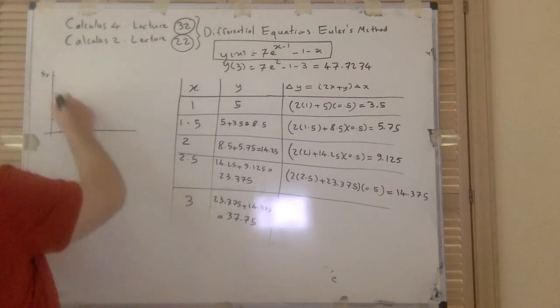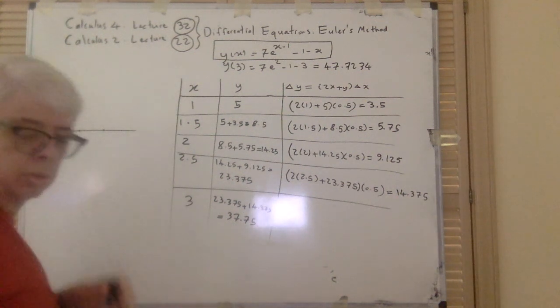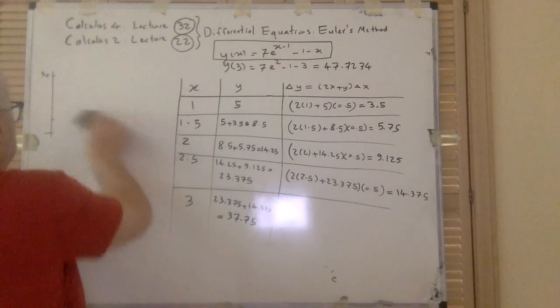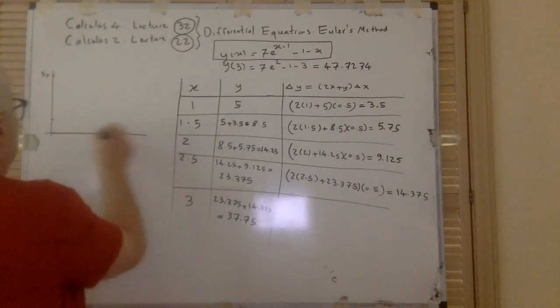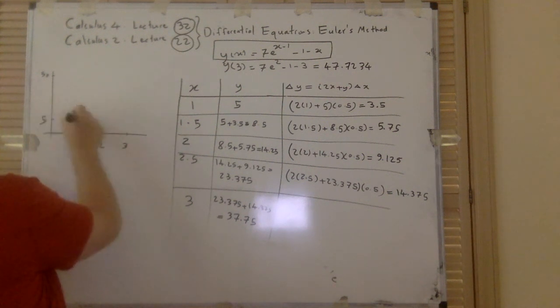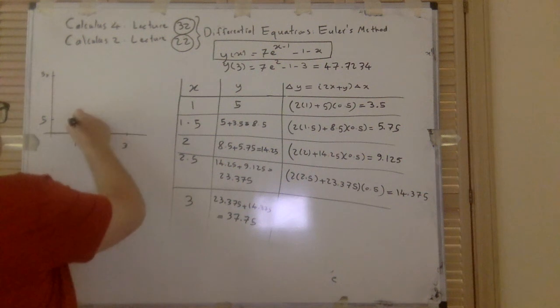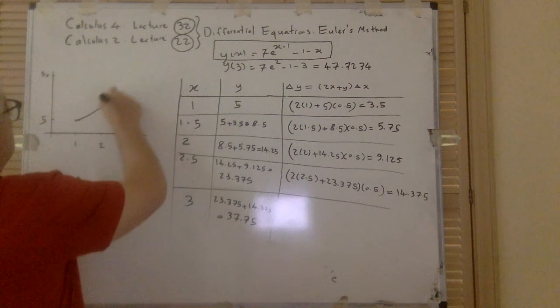So this is 1, 2, 3, and this is 5, say. They have different scales, and this just goes up to a point here, say, like this.